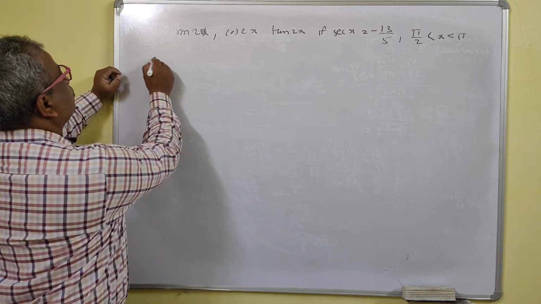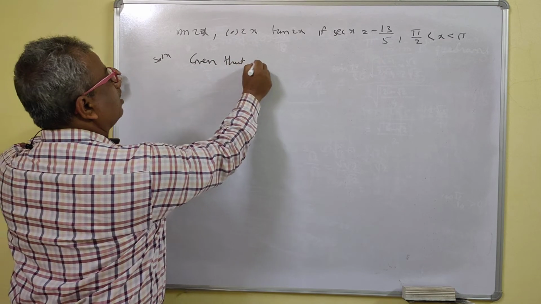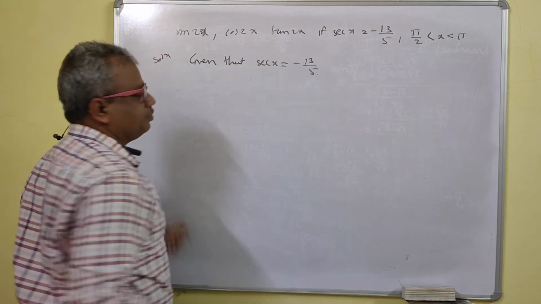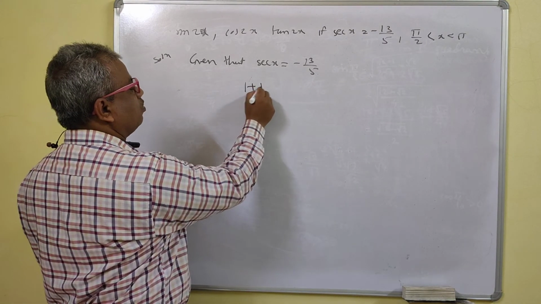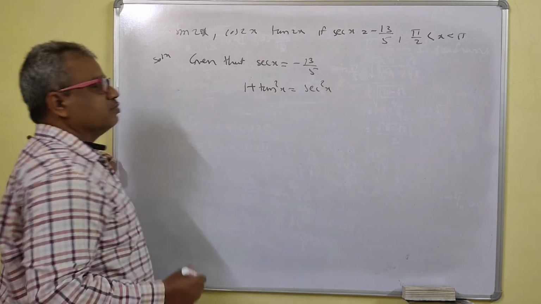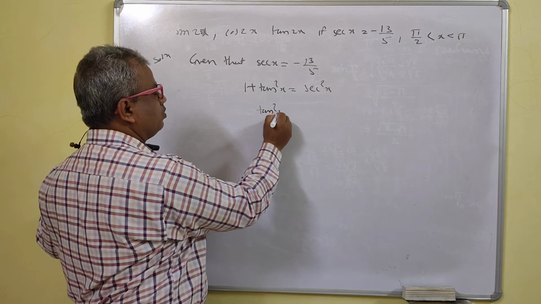Okay. Solution. Given that sec x is equal to minus 13 by 5, right? So 1 plus tan square x is equal to sec square x, so tan square x is equal to what?